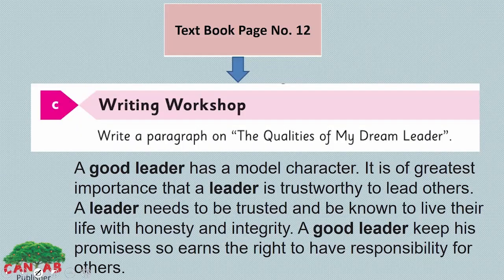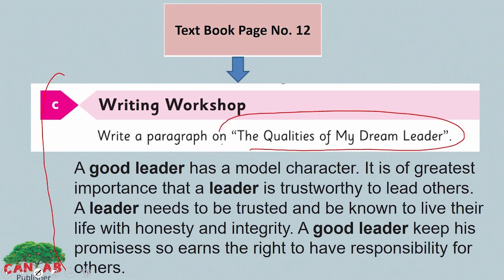Now look at page number 12. Here is the writing workshop, section C. Writing a paragraph on the qualities of my dream leader. You need to think that a good leader has a model character.